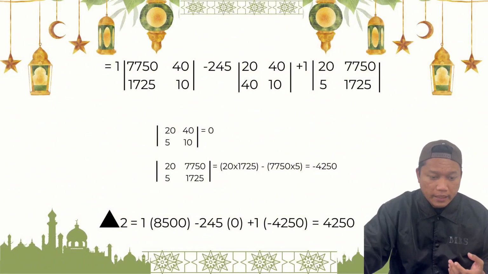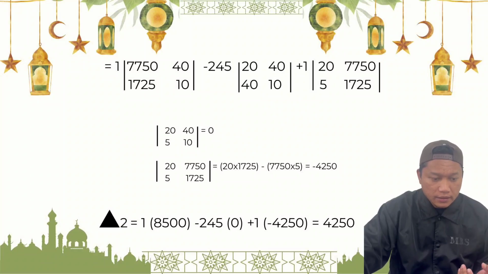Calculating the 2 by 2 determinants. First determinant [7,750, 40; 1,725, 10]. Multiply 7,750 by 10, then subtract the product of 40 and 1,725.